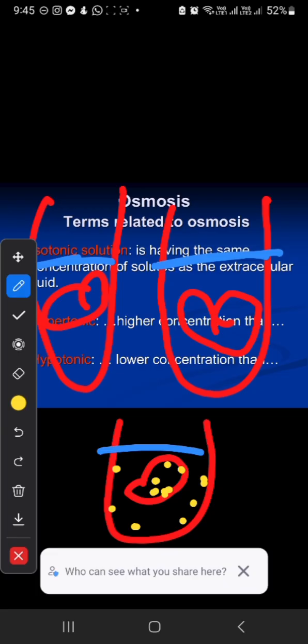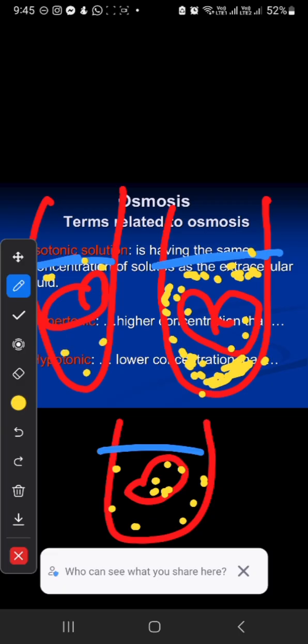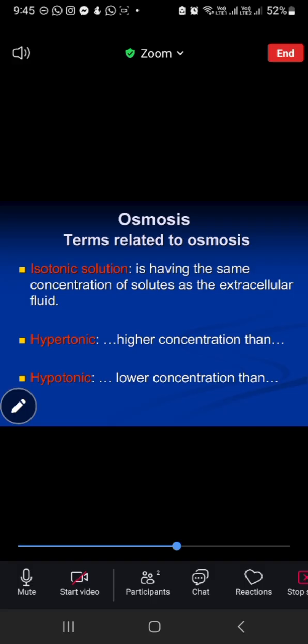If the solution is hypertonic, the concentration in the solution is much higher than inside the cell. If it is hypotonic, the solution is lower in concentration than the cell. Is it clear? It's clear.